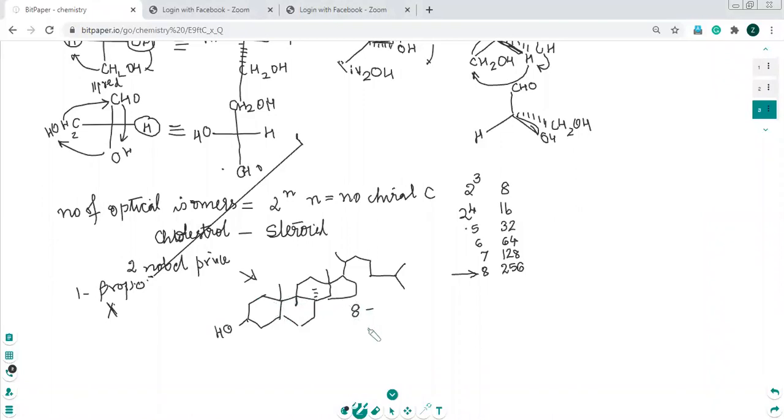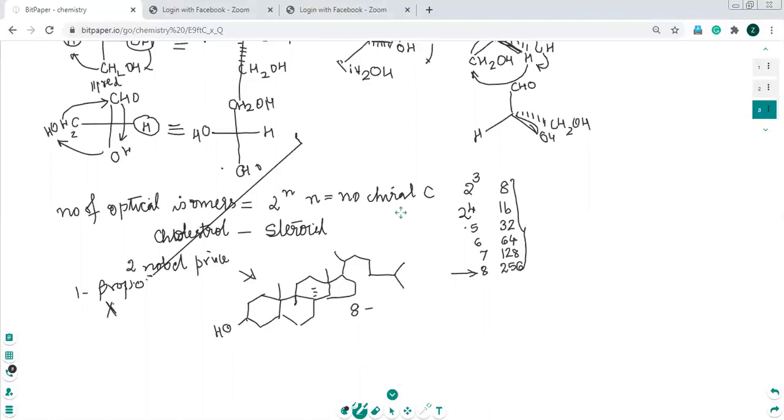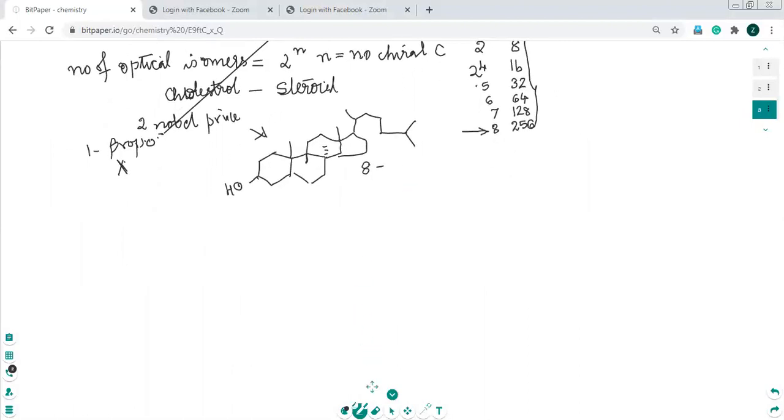Right. So we were talking, I was just telling you about the number of isomers, the relationship between the number of isomers and the number of chiral carbons. So if you have 2 chiral carbons, there will be 4 isomers. Let us try a compound having this structure.